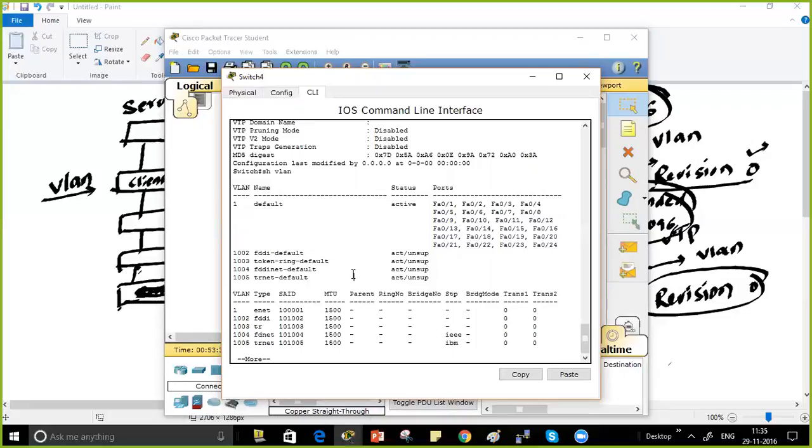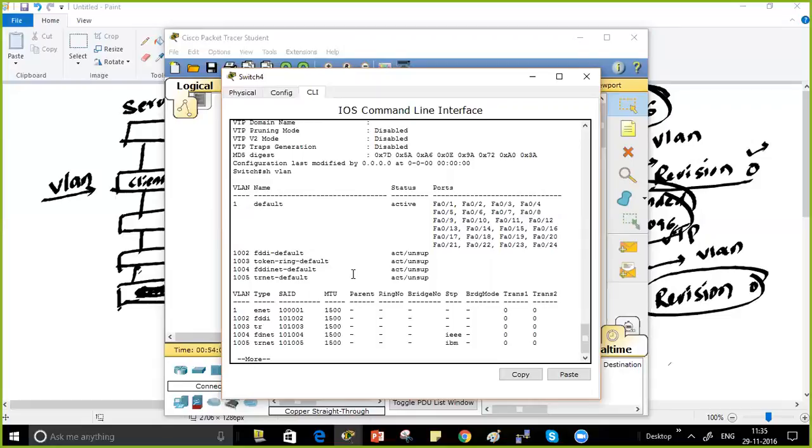One question: is it required to understand FDDI and token ring still? No, they are almost deprecated. Now we are not using token ring and FDDI. We are using Ethernet technology, with fast Ethernet and gigabit Ethernet; they improved the Ethernet technology. We need to know only about Ethernet technology.